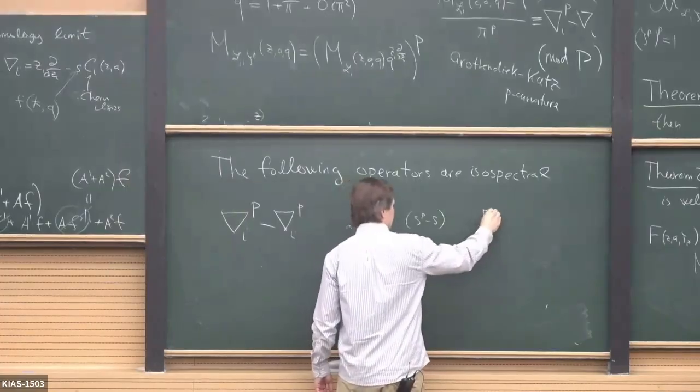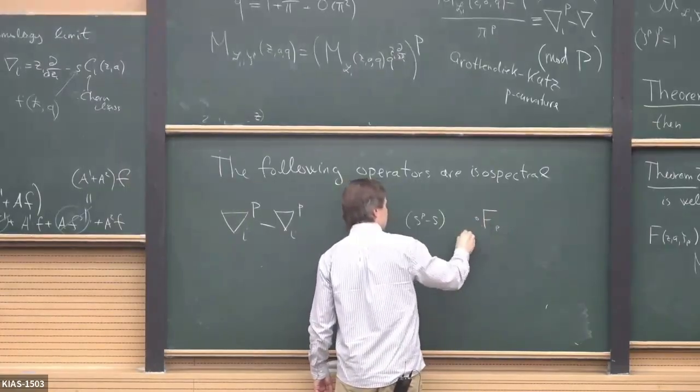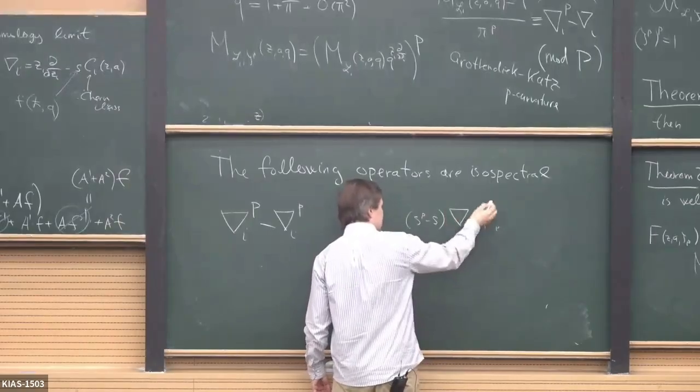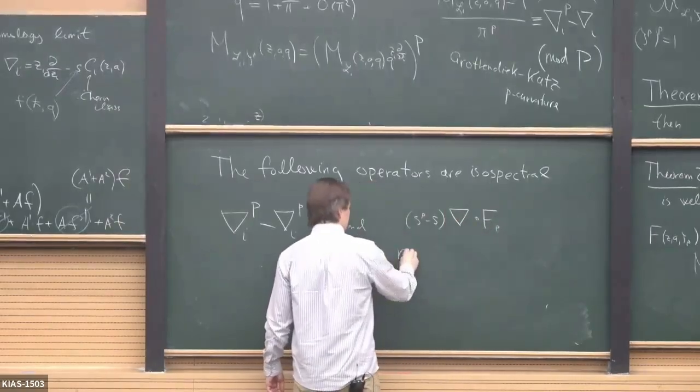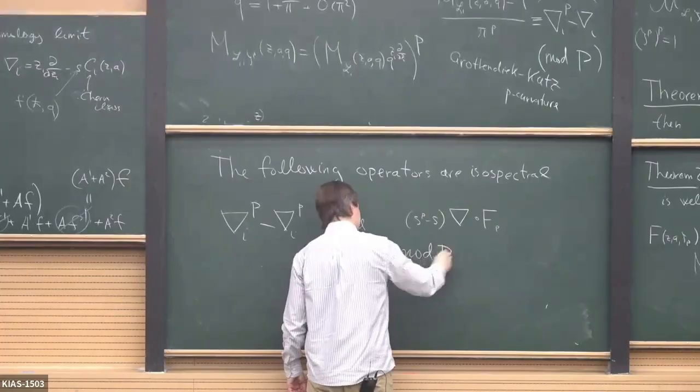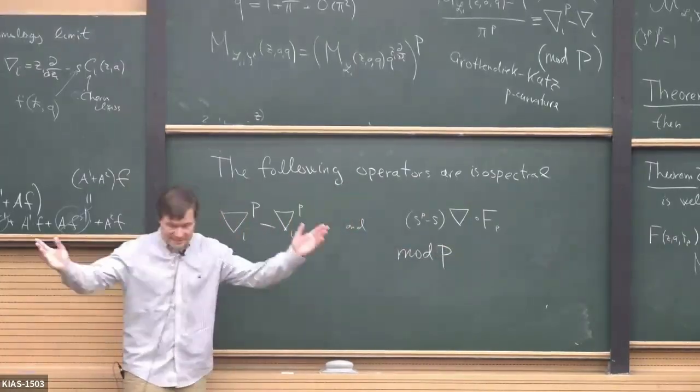Let's write it as a Frobenius map. It's a connection precomposed with Frobenius. Okay, that's it. Thank you.